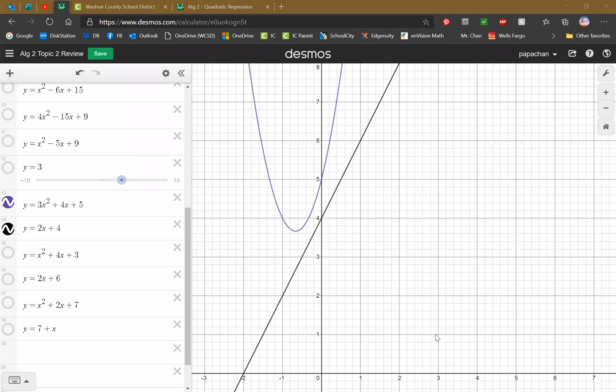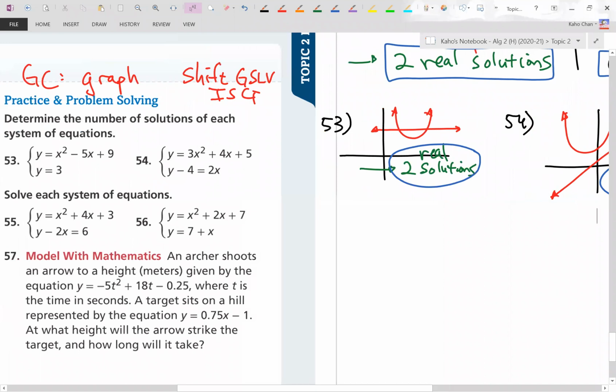The last 2, we're going to actually solve. But before we can do number 55, unfortunately, it's not in slope-intercept form. When you move the negative 2x to the side, you'll get y equals 2x plus 6. And that I can plug into decimals for number 55. In a moment, you'll get 2 answers.